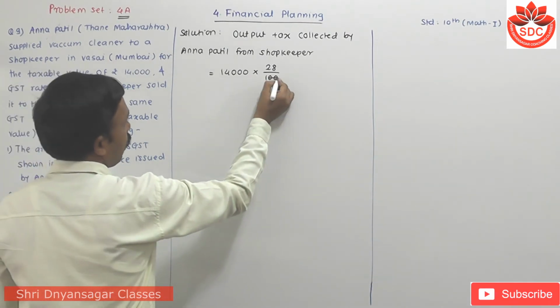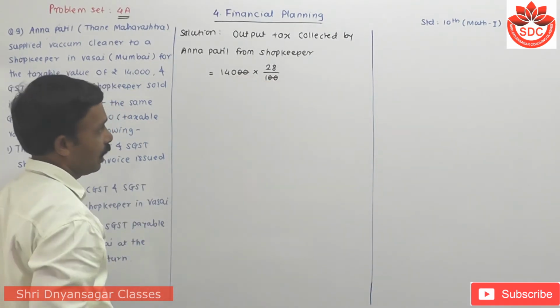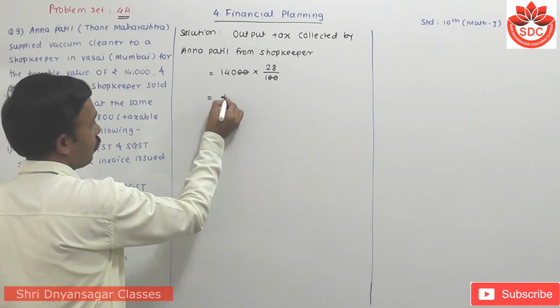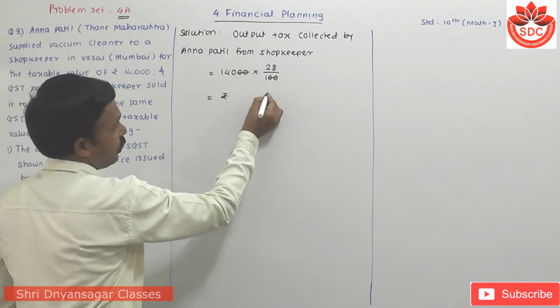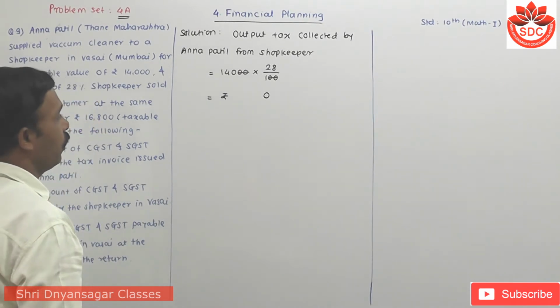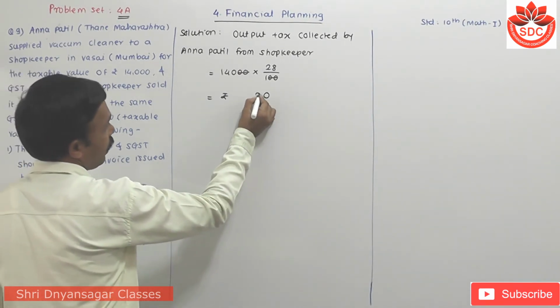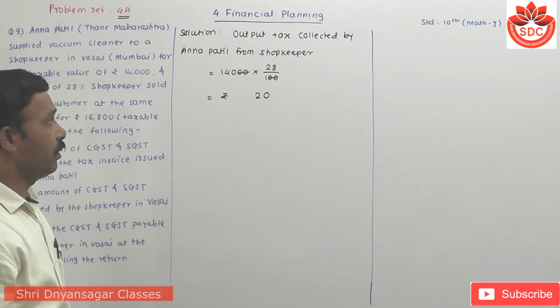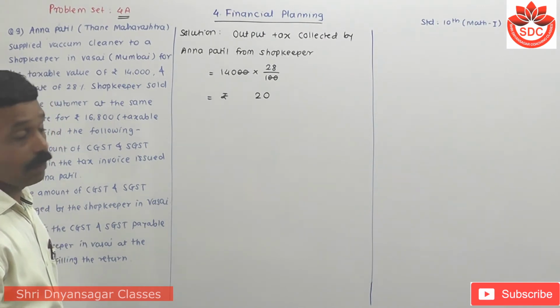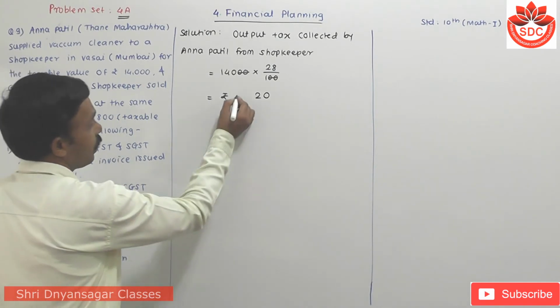When we divide by this, two zeros get cancelled, this amount is equal to rupees 28,000. 28 4s are 112, carries 11 here. 28 1s are 28, plus 11 becomes 39.